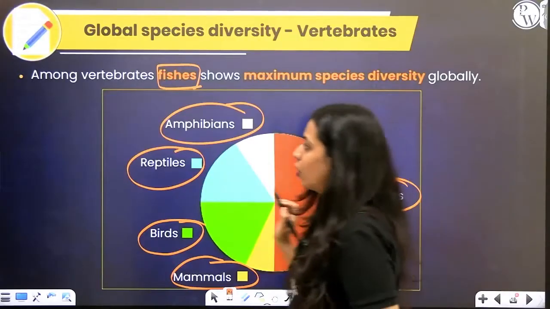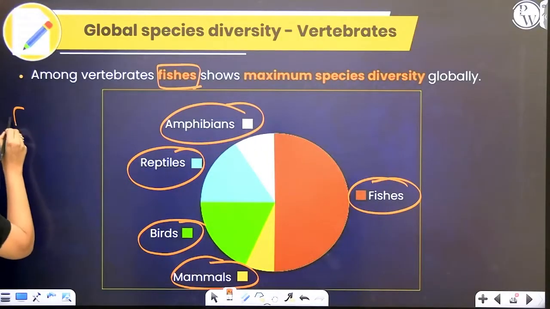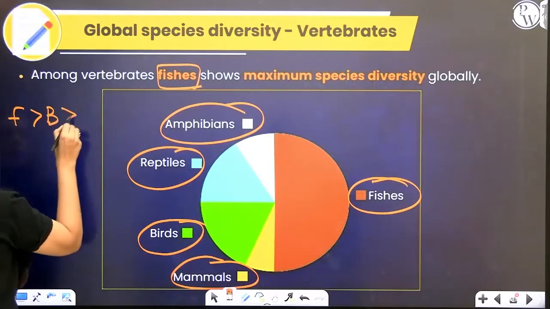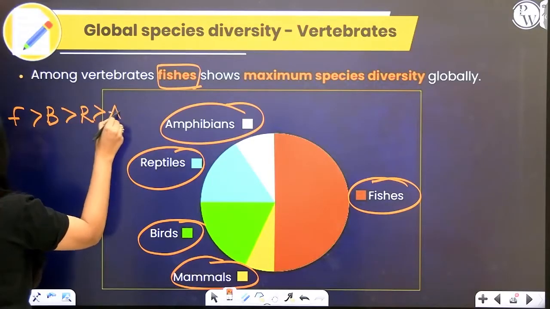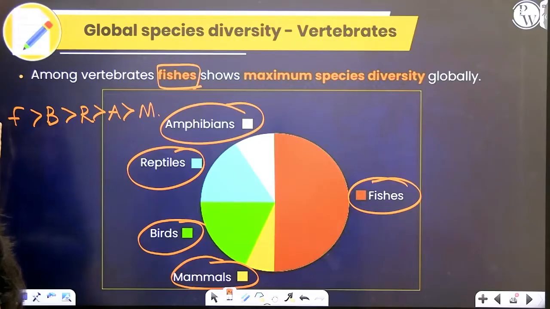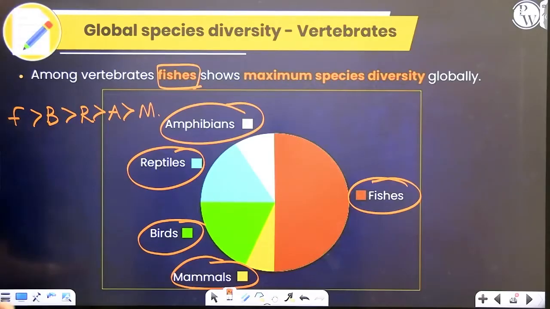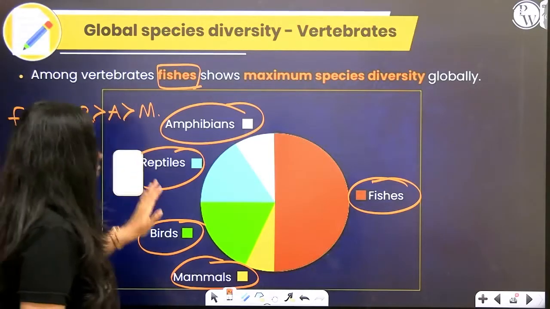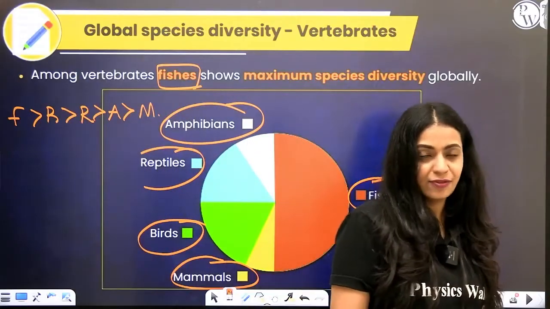Okay, so this is the order that you'll have to remember. F, B, Ram. Least species diversity that we see is of mammals. Highest is of fishes. Next, greatest is birds. Then reptiles, then amphibians, then finally mammals. So this is the correct sequence of species diversity that we see in vertebrates.